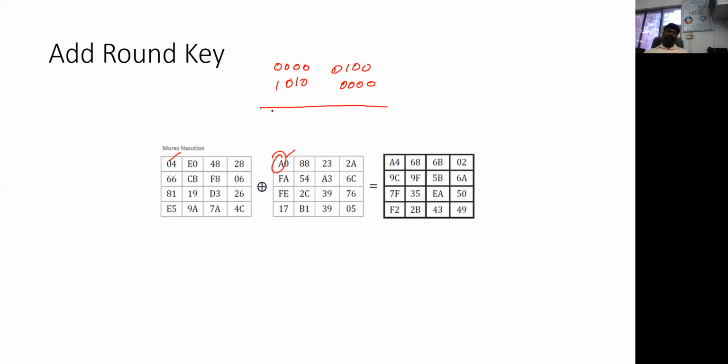If I XOR these two values, here I'll get 1 0 1 0, which corresponds to A, followed by 1 0 0, which is 4, so A4. I hope this is clear. Are you clear with this add round key operation based on the hexadecimal XOR operation?